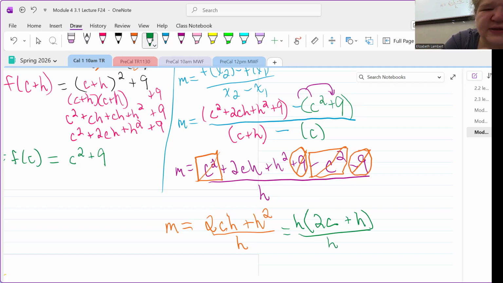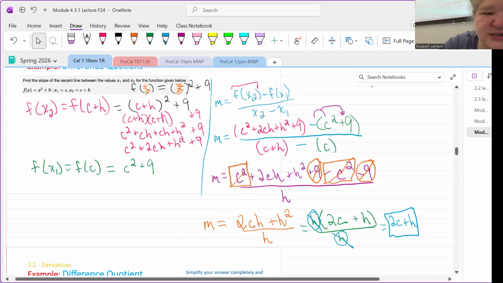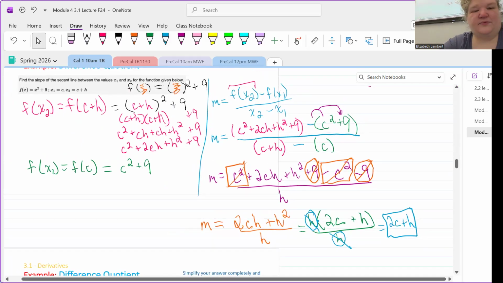So those are equivalent. Now this h that's been factored out and this h on the bottom, my outermost operations are multiplication and division. Now those can cancel. And that is my difference quotient for this function.